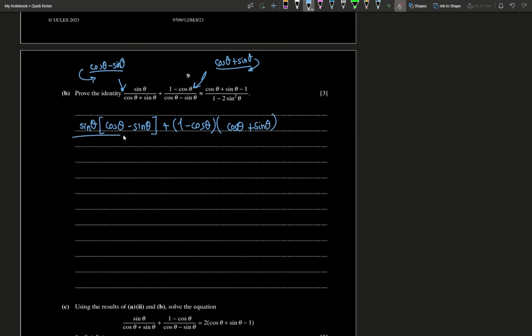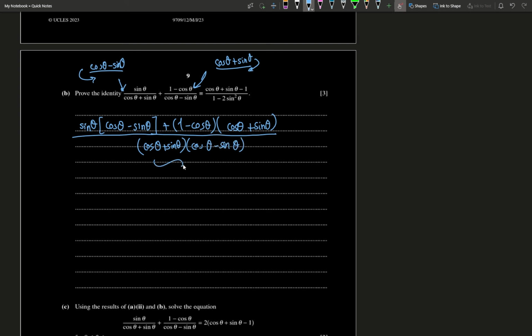Well, since they now have the common denominator we can add them up. That's why I wrote them all in the same fraction. بعدها نكتب cosine of theta plus sine of theta times cosine of theta minus sine of theta.